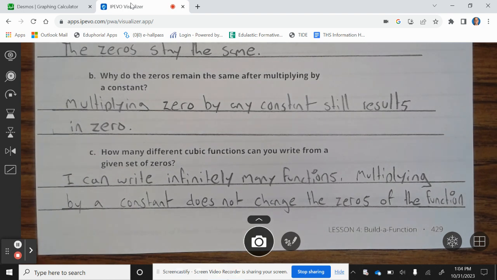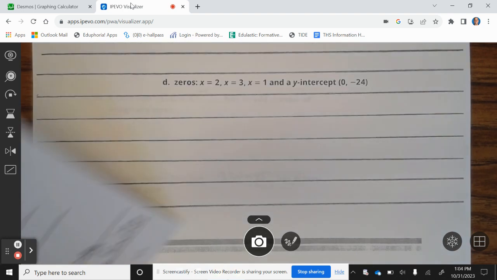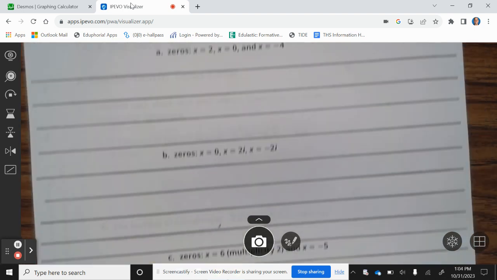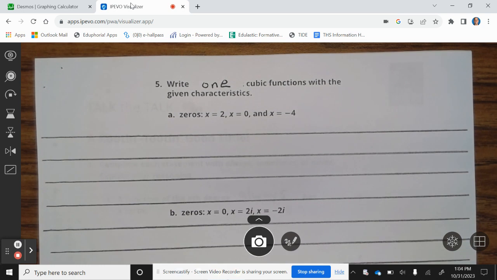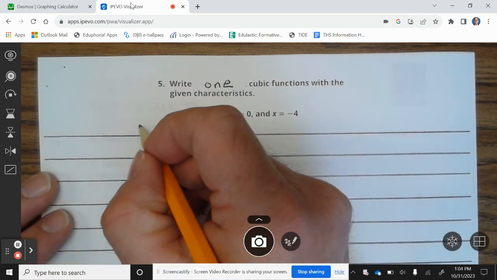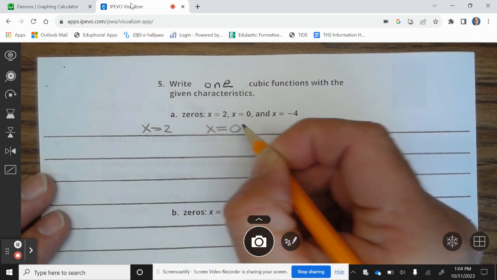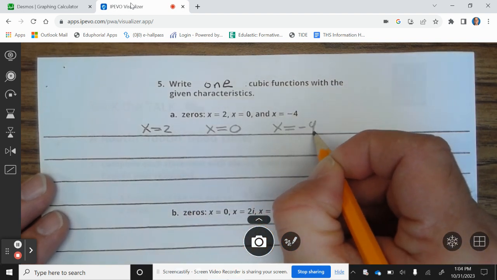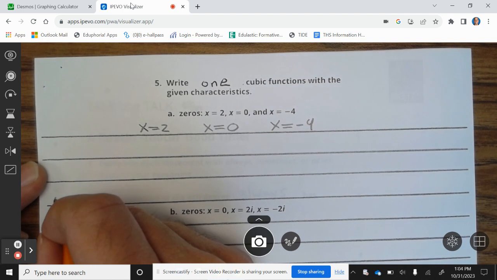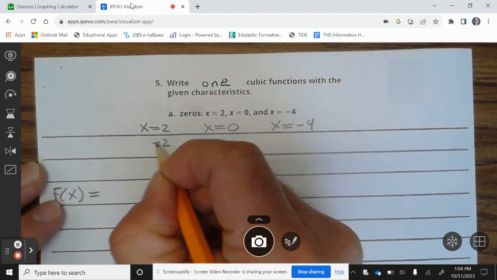Okay, let's take a look at the next page. 5. Write one cubic function with a given characteristic. So again, we're going to work backwards to find the function. So we have x equals 2, x equals 0, x equals negative 4. So we subtract 2 from both sides.